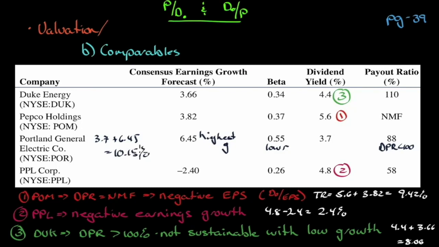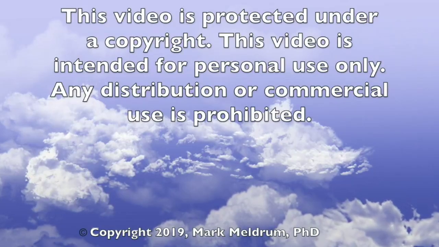So just by comparing the dividend yield, even though we can rank them, once we start looking at the G and the R, the growth rate, the risk, and the payout ratio, there are problems that let us start eliminating some of them. And when we look at them on a total return basis, Portland General at 3.7 on the dividend yield still leaves plenty on the capital appreciation side.